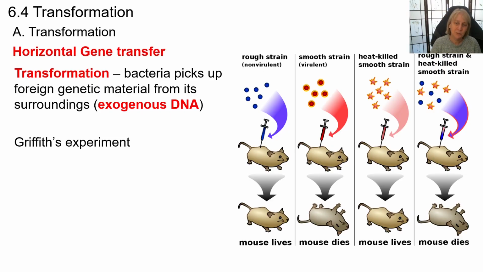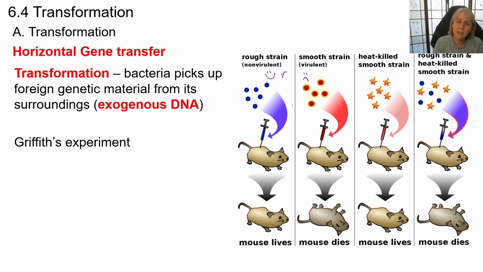Griffith actually did an experiment with two different strains, two different varieties of Streptococcus, a kind of bacteria that kills mice. But there are two versions: the kind that doesn't kill mice and the kind that kills mice.